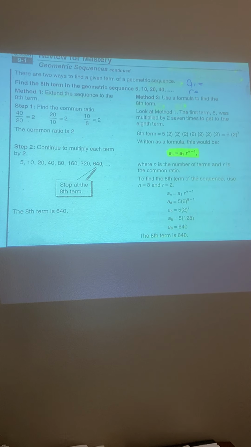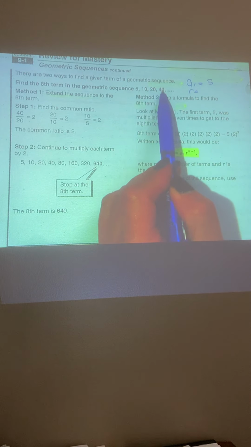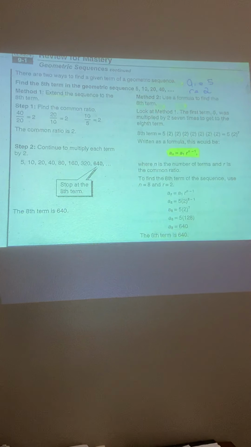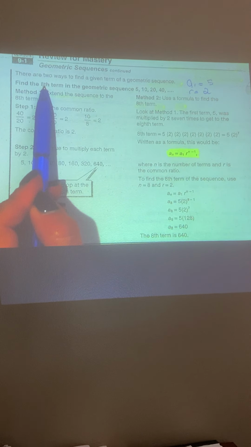Okay, so the first term is 5. And what's my common ratio? 5, 10, 20, 40. Common ratio is 2. All right, so we're going to plug in what we know. In this case, we're finding the 8th term. Right, it says the 8th term.